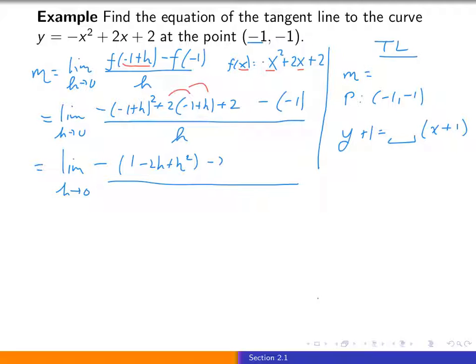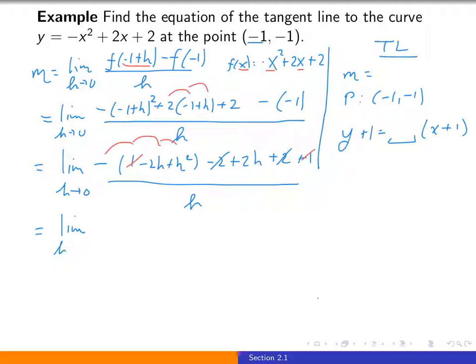So minus 2 plus 2h, then plus the 2, and then minus a minus 1 becomes a plus 1. And we immediately see that we are going to get some nice cancellations occurring here. We will have a plus 2 and a minus 2. The minus needs to distribute through this first term, and when it does, you will have a minus 1 and a positive 1.